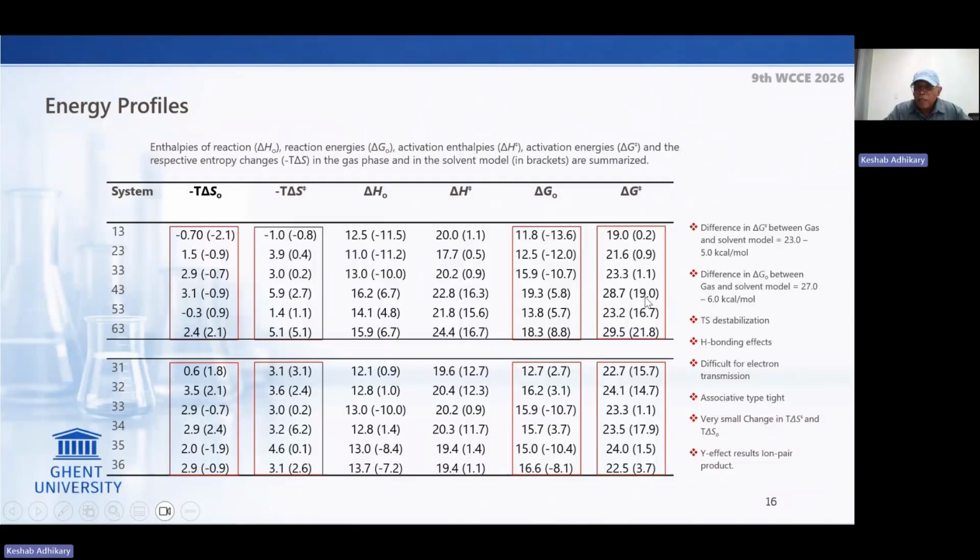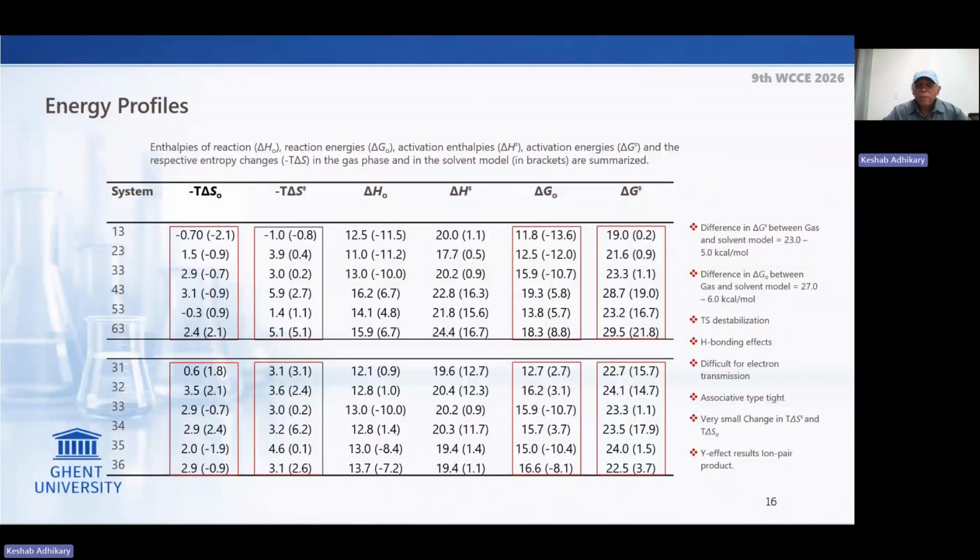If you look, you can see that in the solvent model the activation energy is much lower than in the gas phase. So we can expect that in the gas phase it produces an endergonic reaction, and in the solvent model it will be an exergonic reaction. Also, the activation barrier is much lower in the solvent phase than in the gas phase.